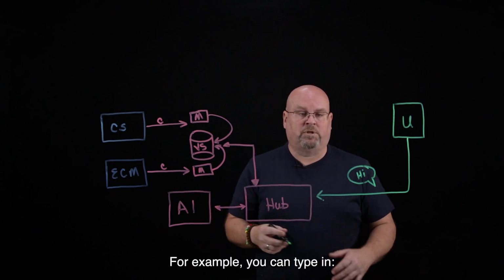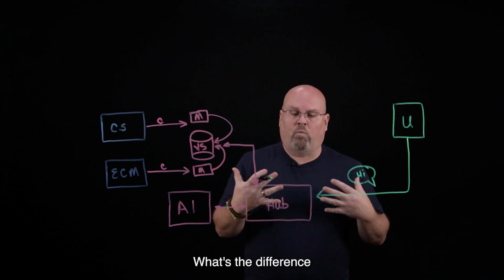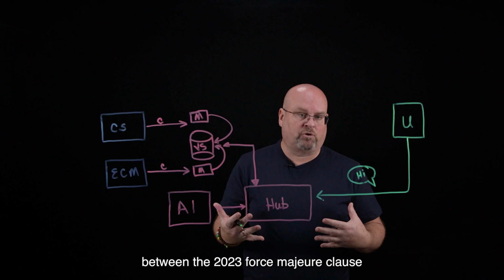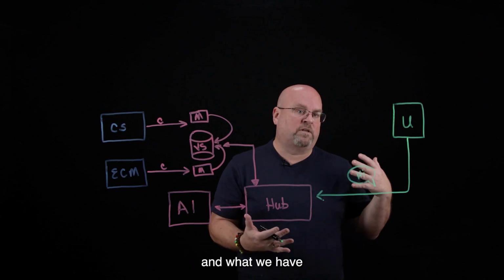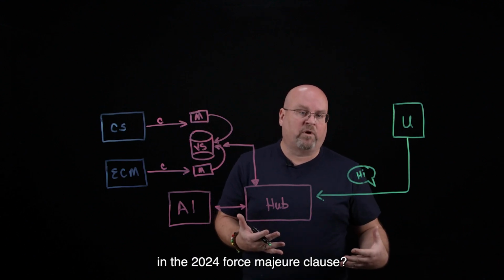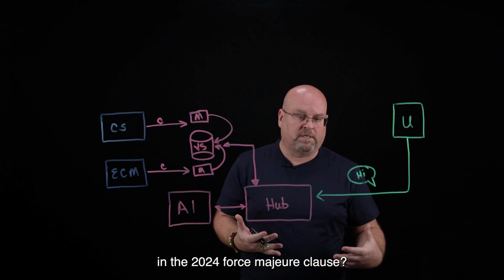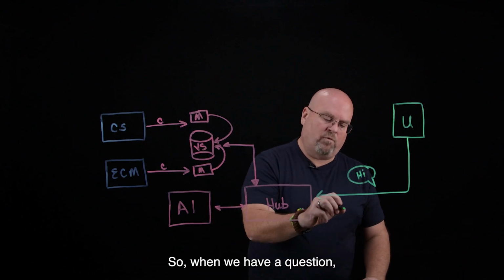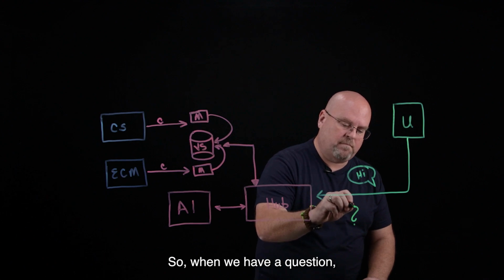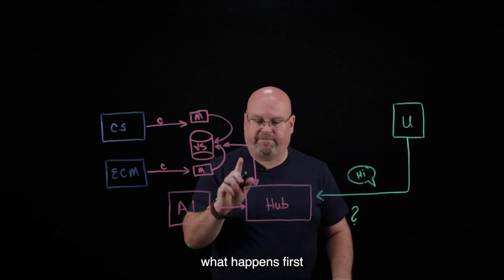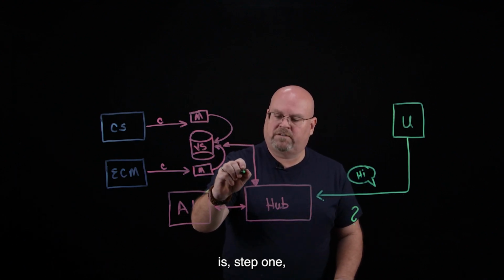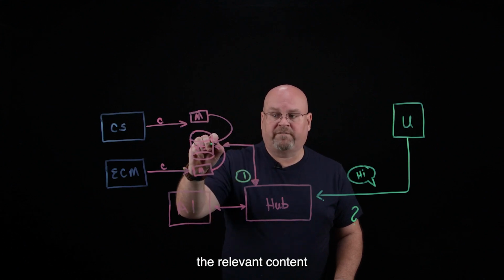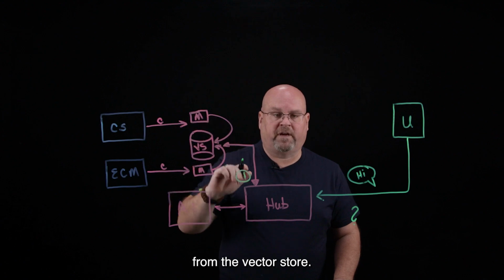For example, you can type in, what's the difference between the 2023 force majeure clause and what we have in the 2024 force majeure clause? And what will happen in that scenario, so when we have a question, what happens first is step one, we retrieve the relevant content from the vector store.